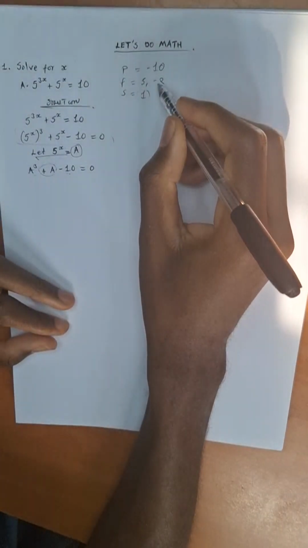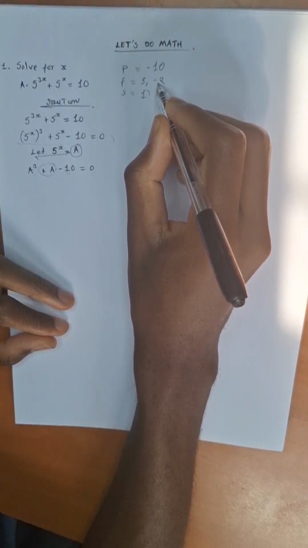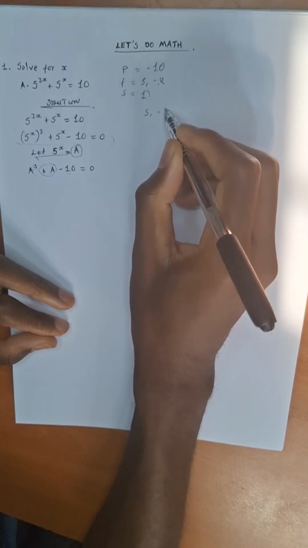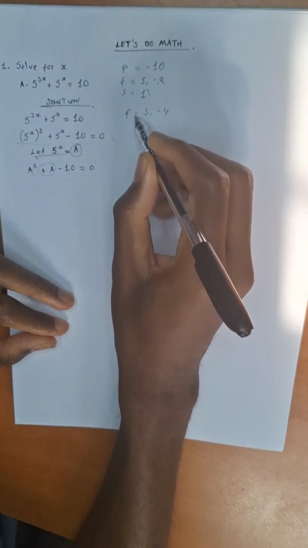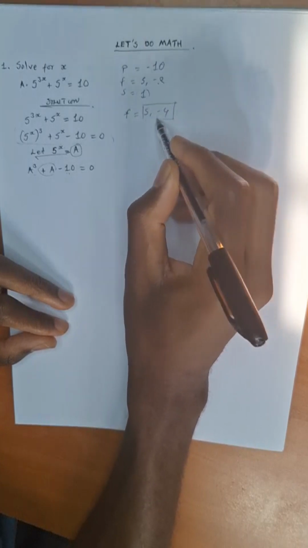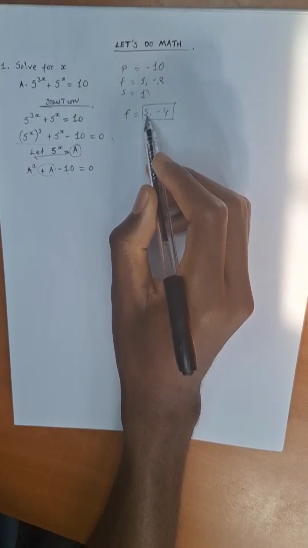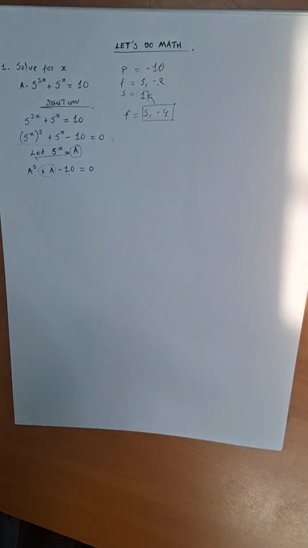So we're going to increase this number to 4. So we're going to have 5 and negative 4. These will act as our factors, and the sum of these numbers is 1. So we've achieved our goal.